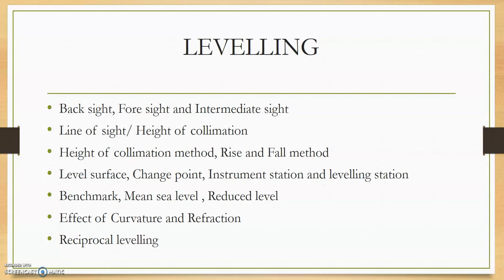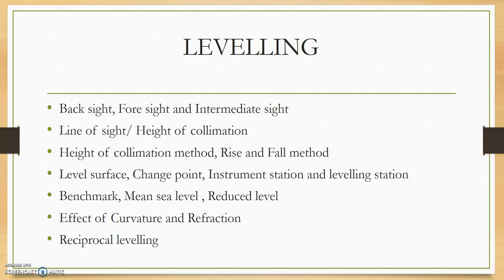Leveling staff is what I am telling. Leveling station is nothing but the point at which the leveling staff is held. Instrument station means the point at which the instrument is kept. Here the observer will target the leveling staff with the help of the dumpy level. We know that the dumpy level is used for leveling purposes.